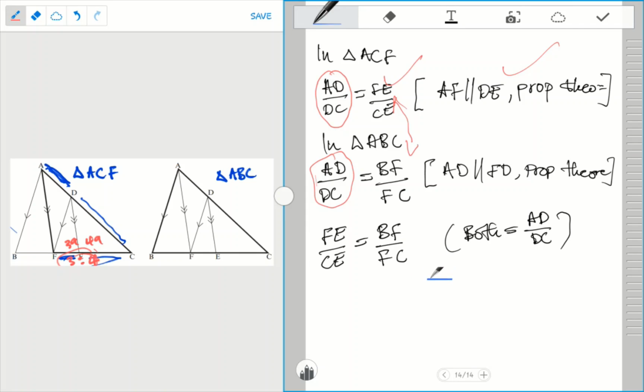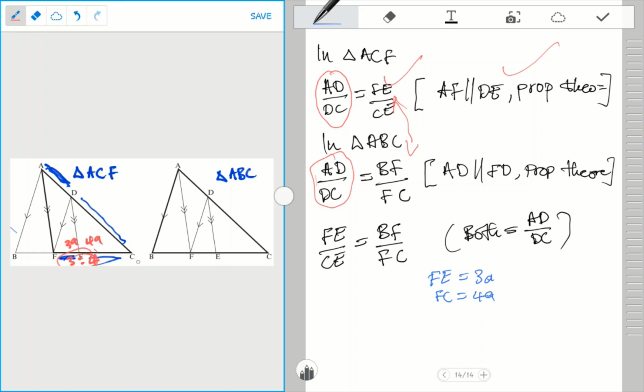We were given FE as 3, and we said there should be a variable, which can be 3a, and also FC equals 4a. But here we have FC, this is the distance from here to here.